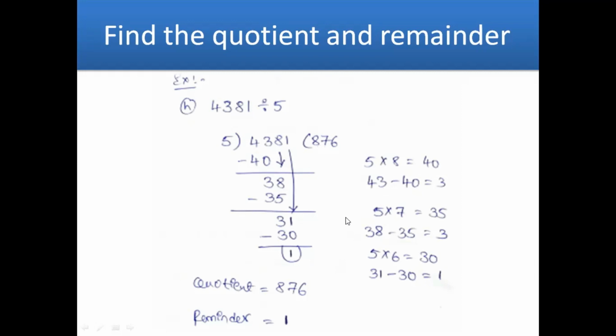No. So nearest number, 5 sevens are 35. 38 minus 35, difference is 3. 1 as it is. 5 sixes are 30. 31 minus 30. Remainder 1. Quotient 876.